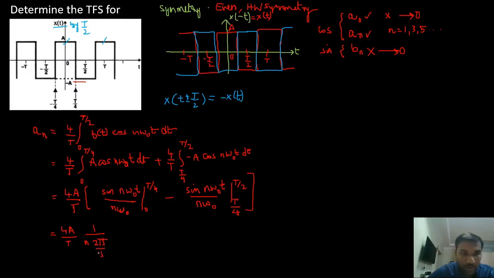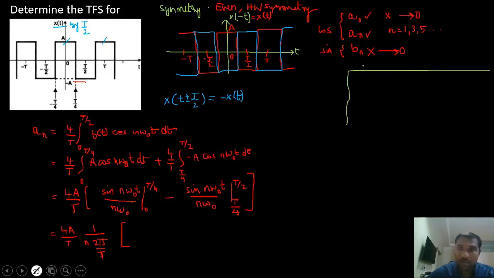Then sine of n omega naught, which is 2 pi by T, into T by 4, the upper limit.